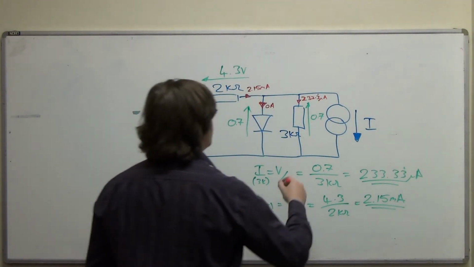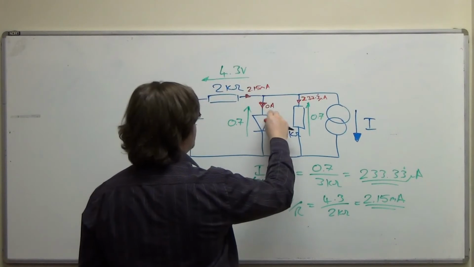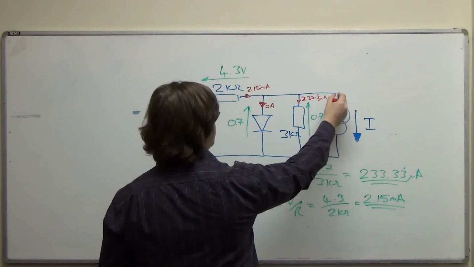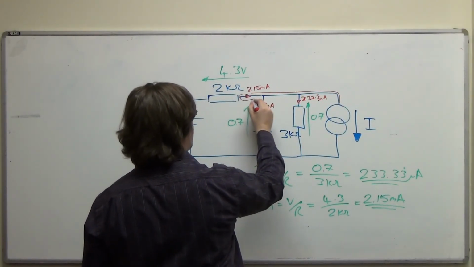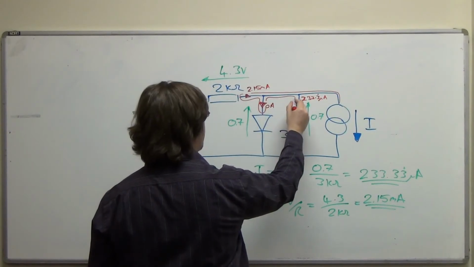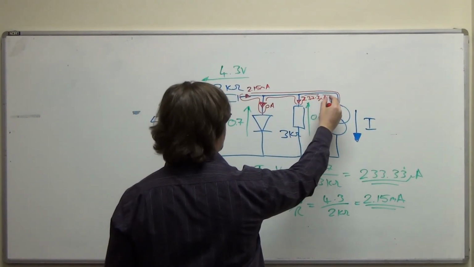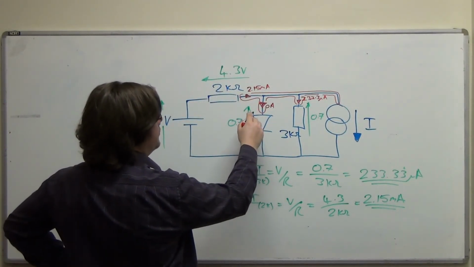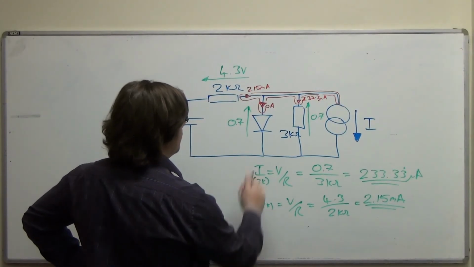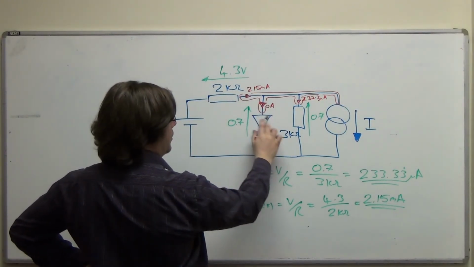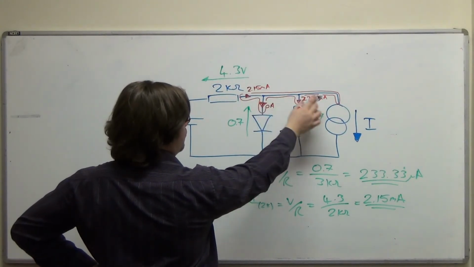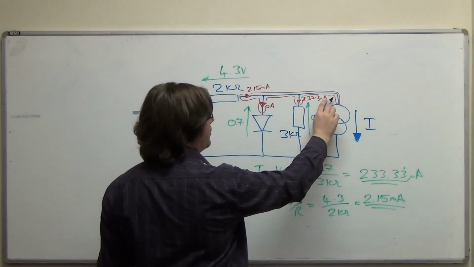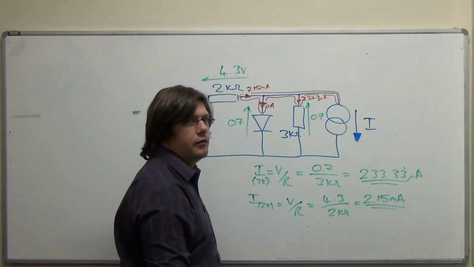So we can say, well, if I've got some current here coming into this, all this business here is one node. So I've got entering into this node 2.15 milliamps, leaving this node, nothing, leaving the same node, because it's all one thing, 233.3 microamps, and then I've got leaving this node an unknown amount.